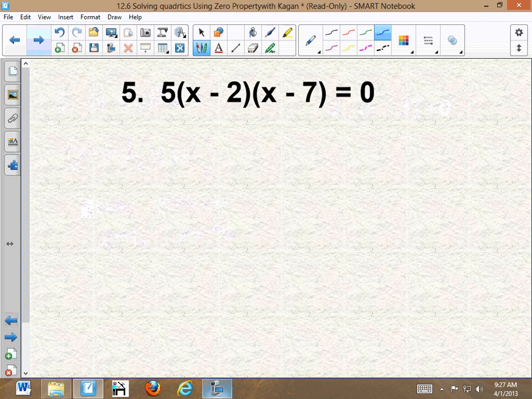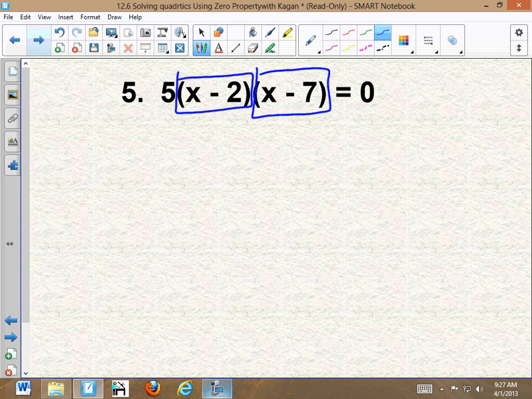Okay, now, number 5. I only take what I have an x with to solve. So that means I only solve x minus 2, set that equal to 0, and x minus 7, set that equal to 0. How come I don't do anything with the 5?